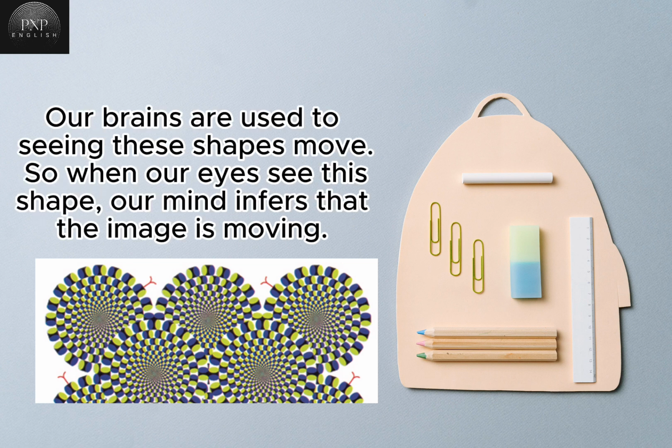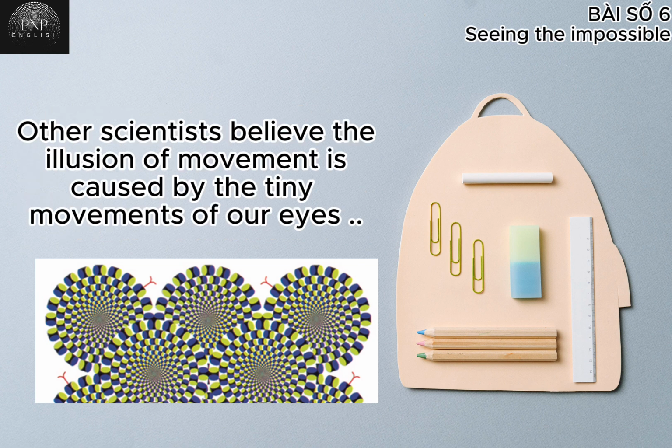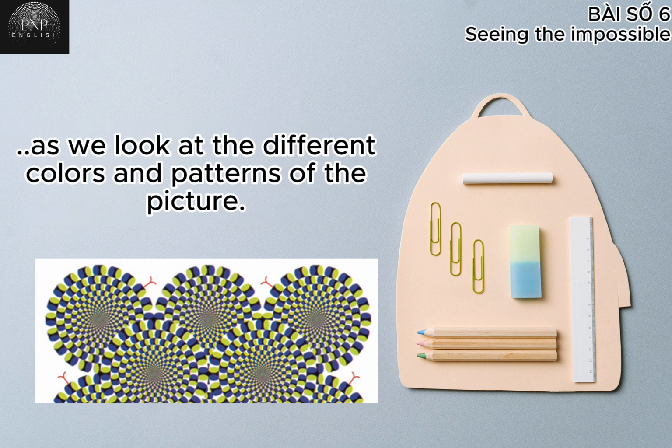Our brains are used to seeing these shapes move, so when our eyes see this shape, our mind infers that the image is moving. Other scientists believe the illusion of movement is caused by the tiny movements of our eyes as we look at the different colors and patterns of the picture.